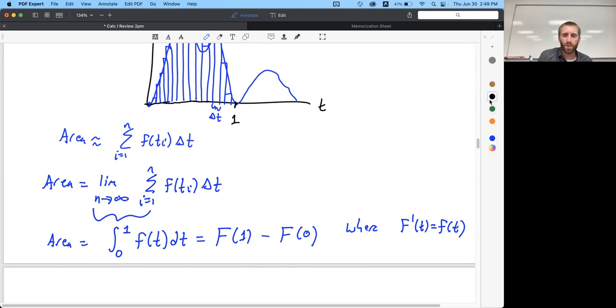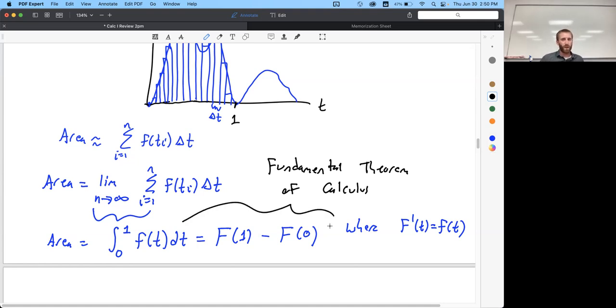And this is famous, crucial. You might even say it's fundamental. This is the fundamental theorem of calculus. This idea here, that we can evaluate definite integrals using antiderivatives.